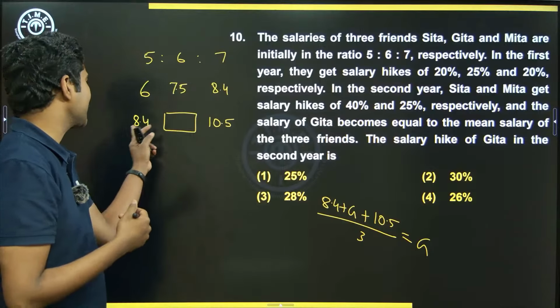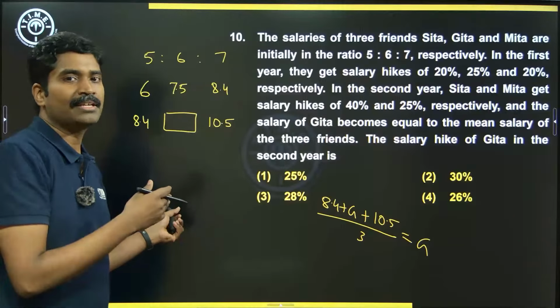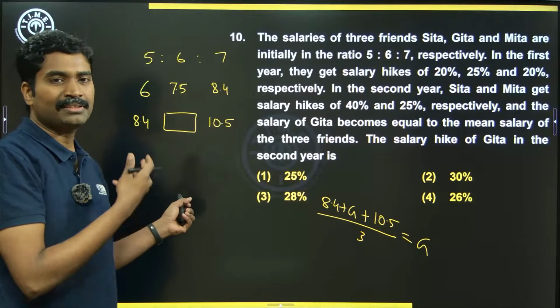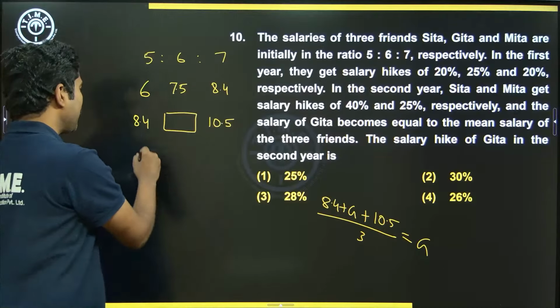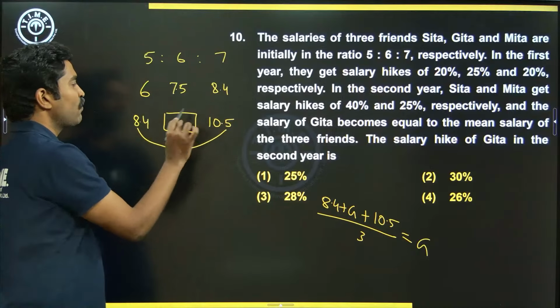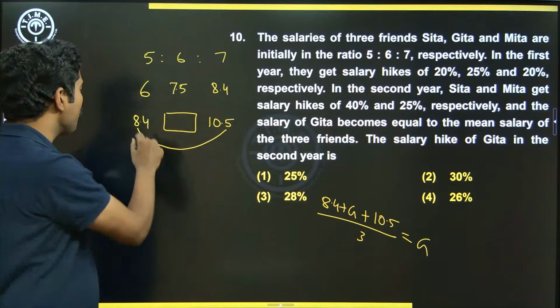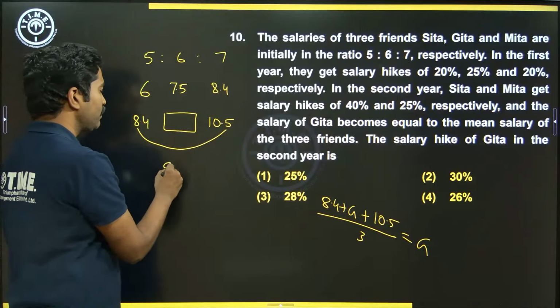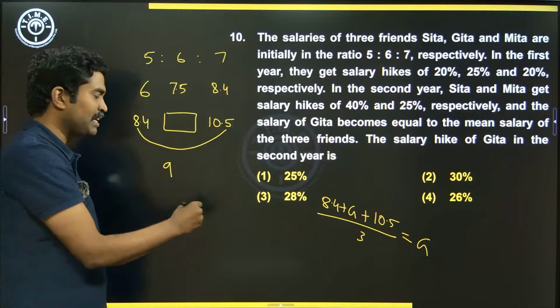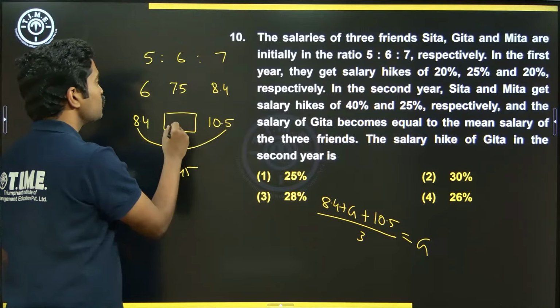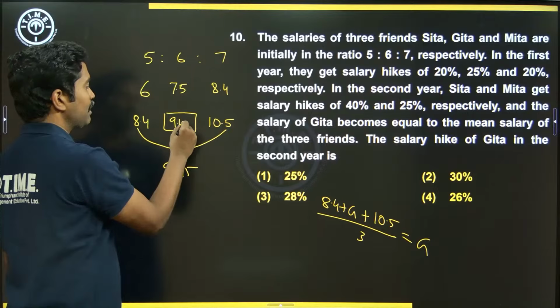If their mean is A and Geeta's salary is also A, automatically the 3 friends' mean will be A, right? So simply, shortcut, 8.4 plus 10.5 divided by 2. 8, 10, 18 by 2, 9. 0.4, 0.5, 0.9 divided by 2, 0.45, which means Geeta's salary is 9.45.